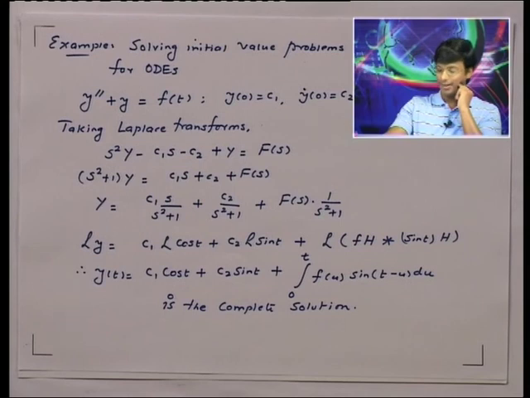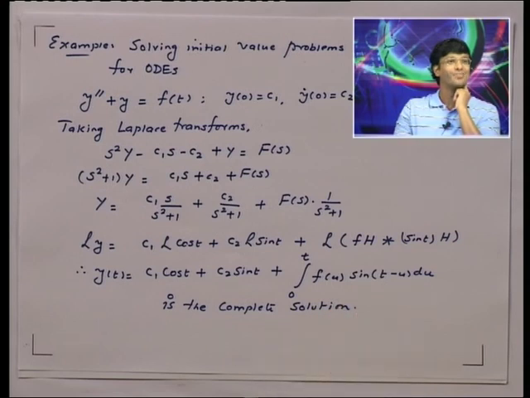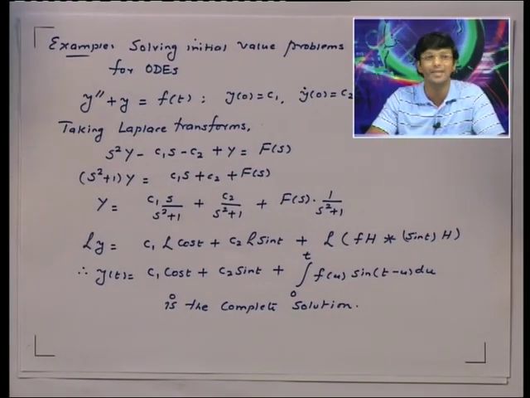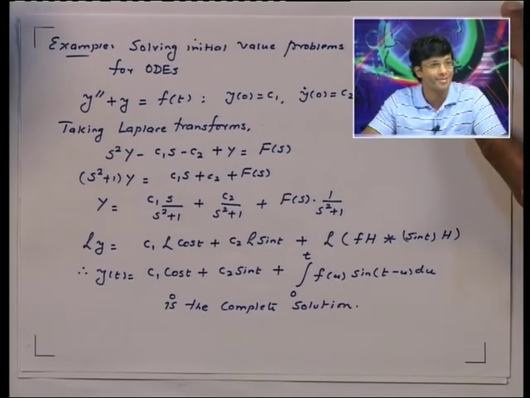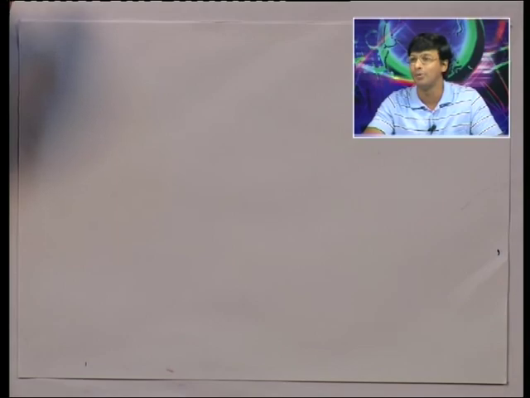It's very nice and sweet. We get a solution that presents itself as a convolution integral. This sin of (t minus u) that you see here is what is called the Green's function. That is one illustration of solving initial value problems for ODEs.